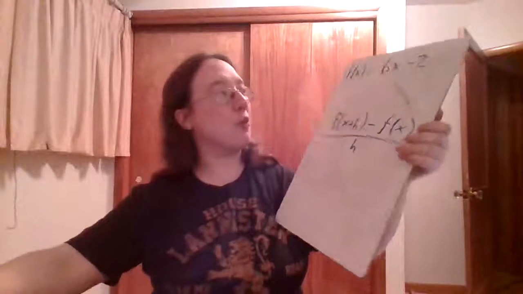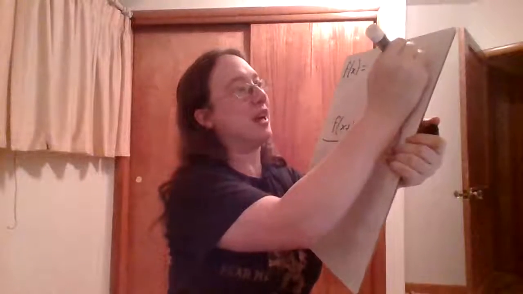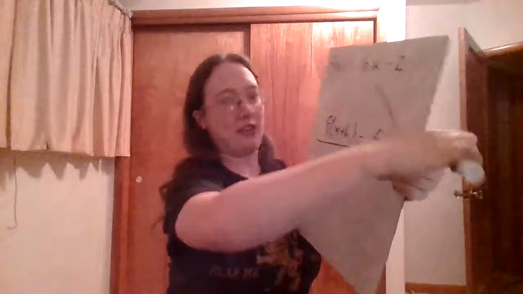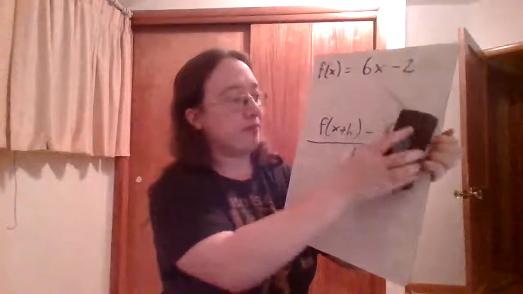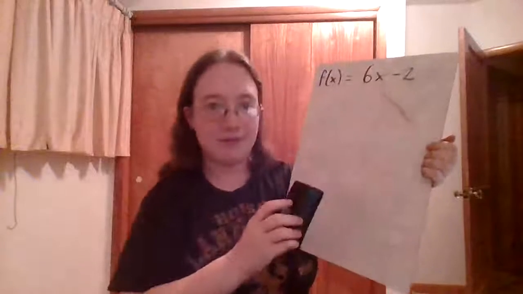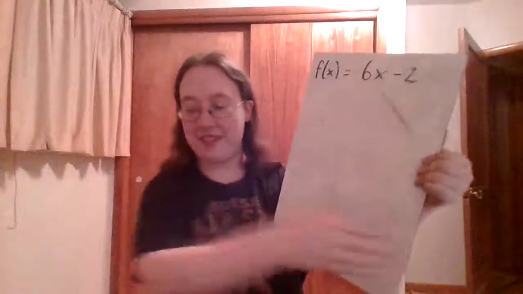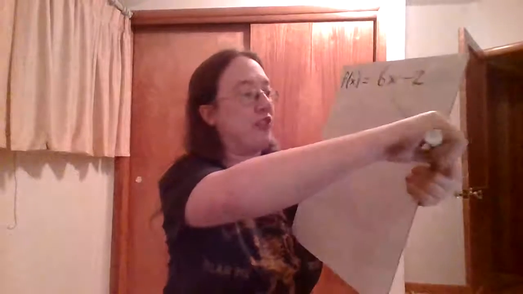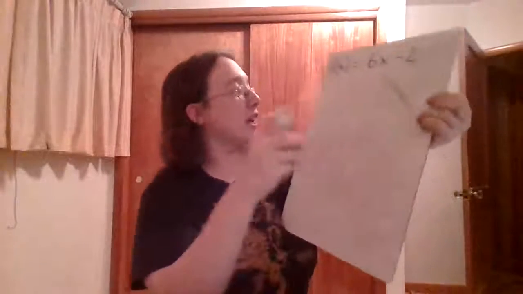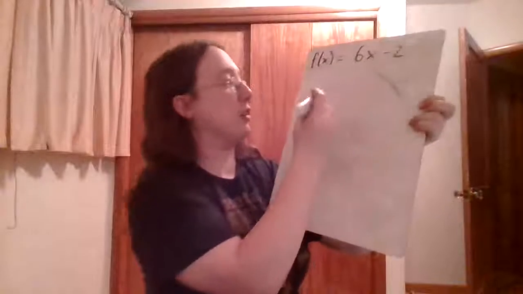And we're going to start with one that you probably already know the slope of, because if we've got 6x minus 2 here, the slope of that should just be what? Hopefully you said 6. Because this is a nice straight line, so we know our slope should end up with 6. So we're going to take f of x plus h.